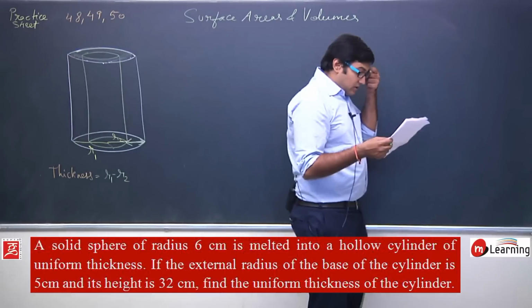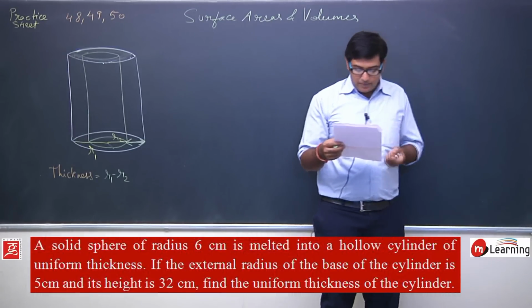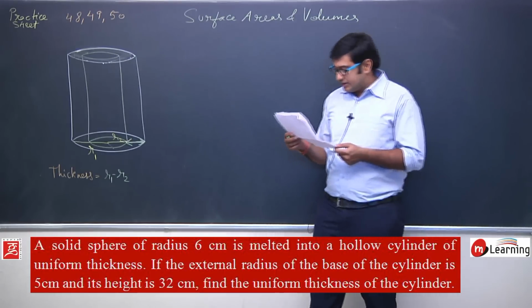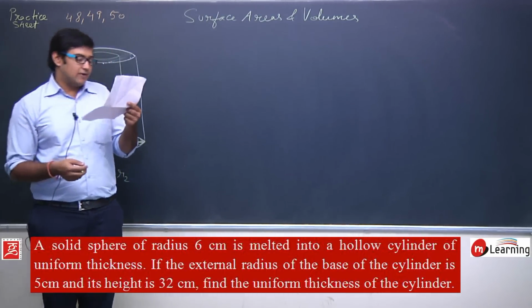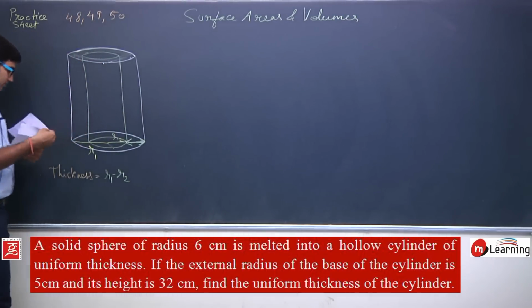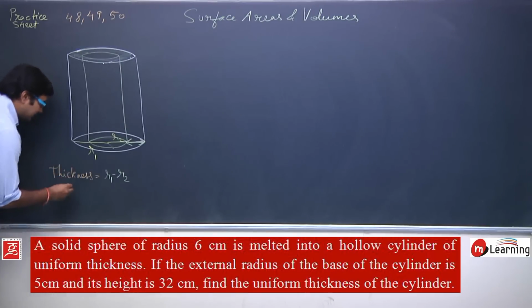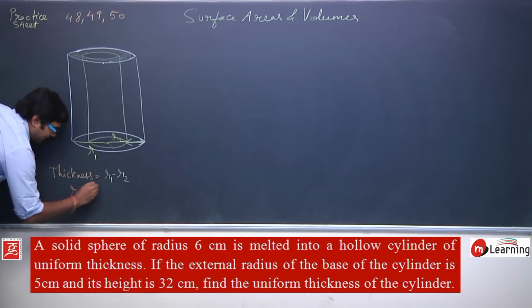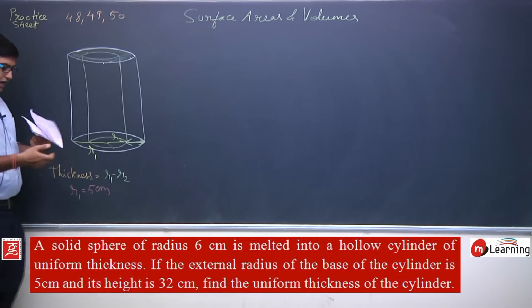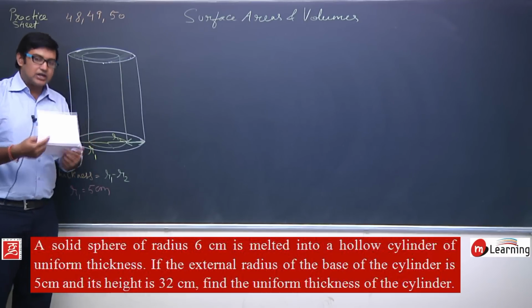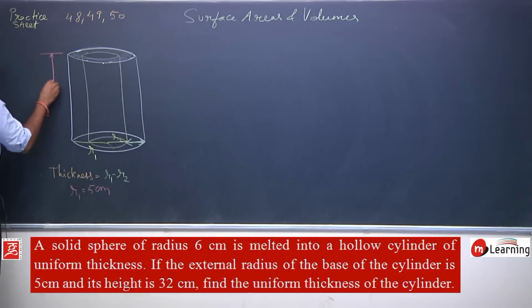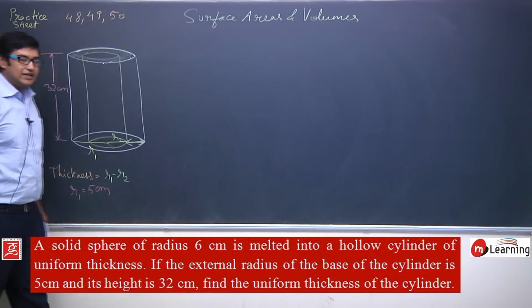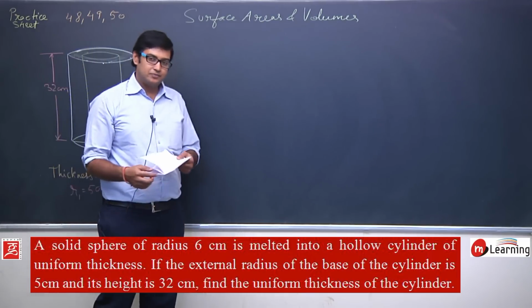Now in the question it is given that the external radius of the base of the cylinder, that is R1, is 5 centimeters, and the height of the cylinder is 32 centimeters. This is the height of the cylinder, given as 32 centimeters.